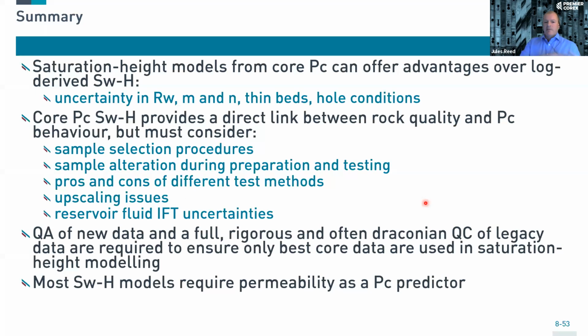As long as sample selection has been good, we've got representative material, depending on the different tests and corrections you've made, and ensuring that we've done all the corrections that we need to make, so correcting for stress or interfacial tension, etc. Most saturation height models will require permeability, and most importantly, you do have to do rigorous quality control of your input data. So it's that old adage, bad input, bad output.